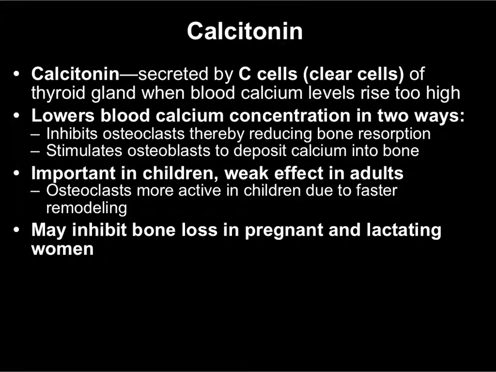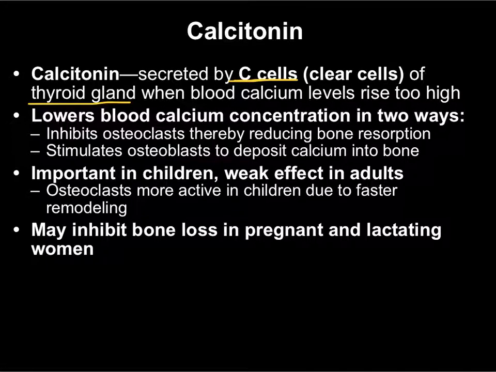Otherwise, your bones are going to degrade. That is what calcitonin does. Calcitonin is secreted by C cells, which are called clear cells, in the thyroid gland. They aren't the main type of cells in the thyroid gland. There are actually several hormones that the thyroid gland secretes, the main one being thyroid hormone.